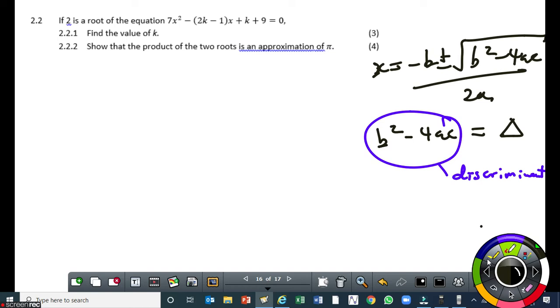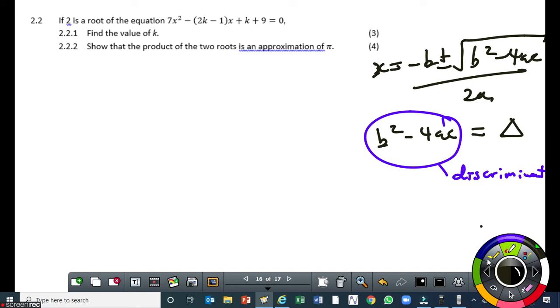In such a case, you get two roots that are real numbers and they will be unequal and rational as well. If b squared minus 4ac is not a perfect square, you get two roots that are real, but they will be irrational and they will be unequal. So let's do that here.